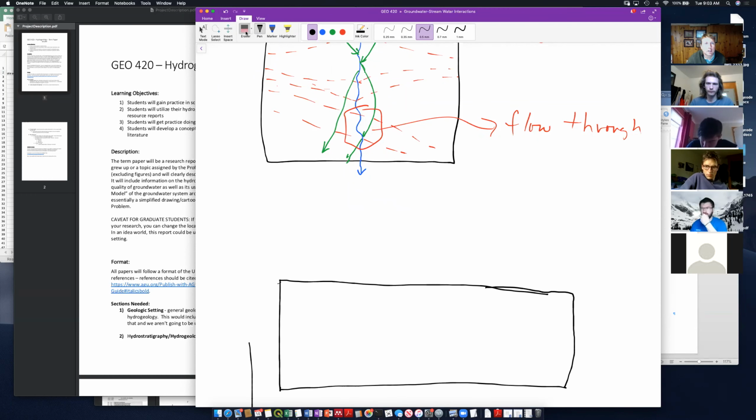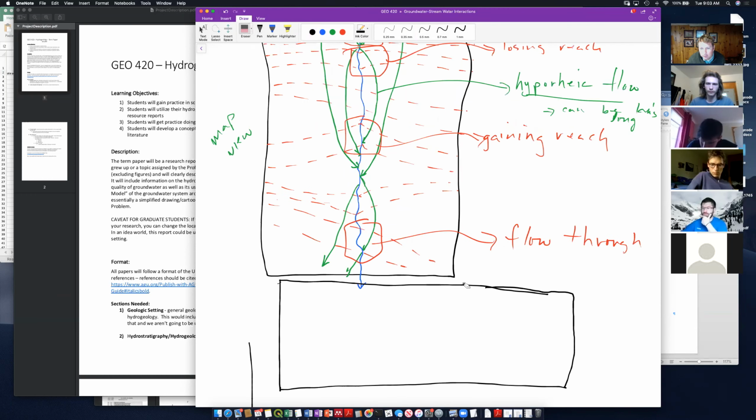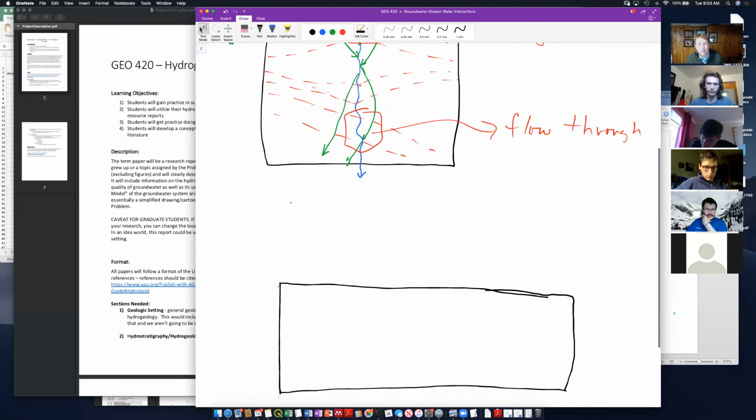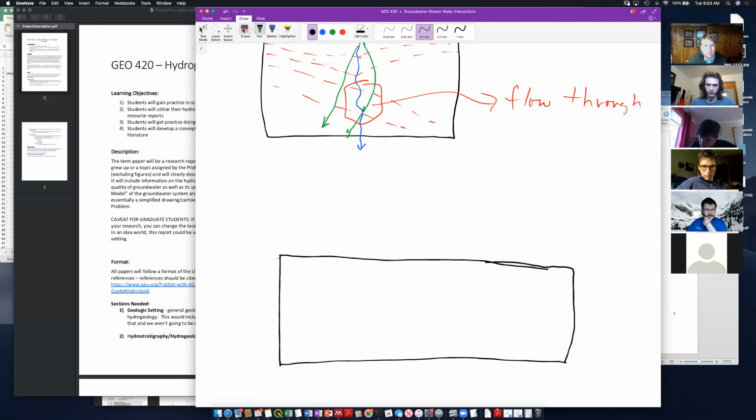Oh, I got to redraw this. What is going on with my... All right, so let's say water is flowing downstream. This is my vertical profile this way.